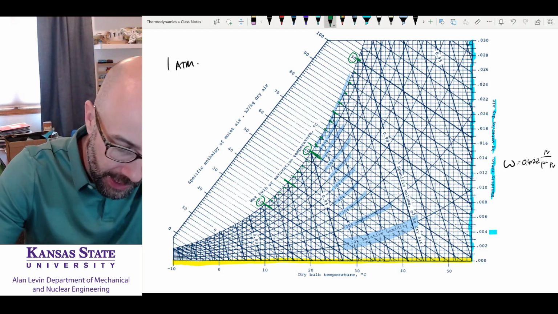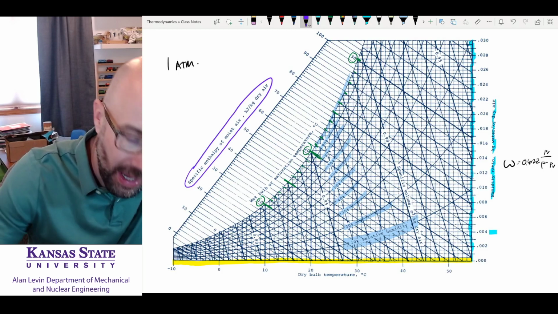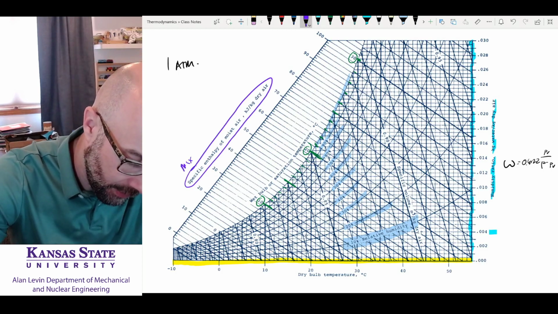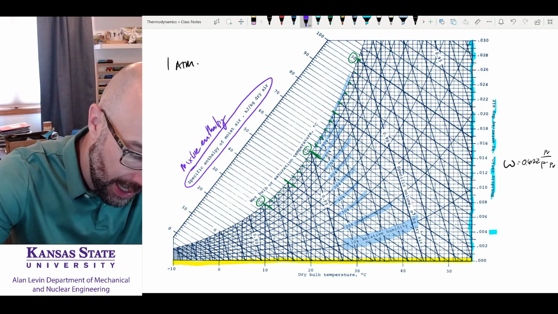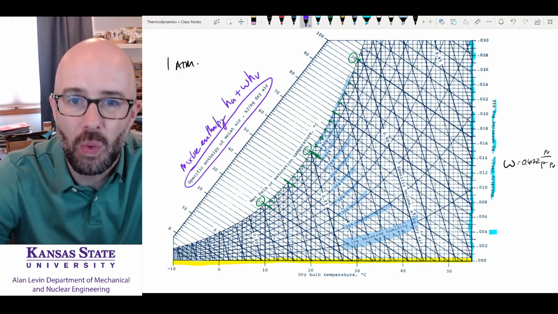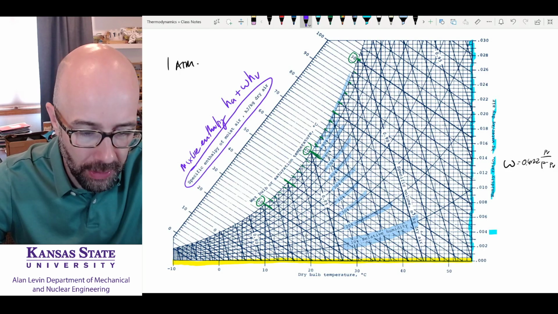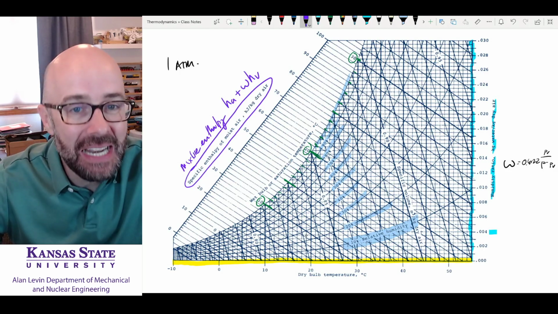Above that, up here, is going to be our specific enthalpy of moist air. Okay, this is our mixture enthalpy. This is going to be HA plus omega HV. That's what they have done there. They have done that calculation for you. Now, this is another one of those datum issues.